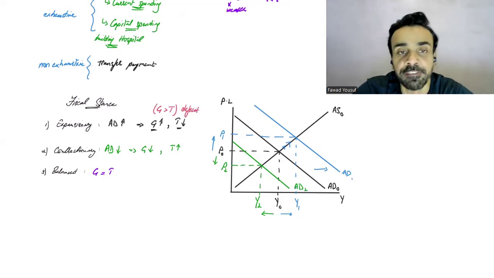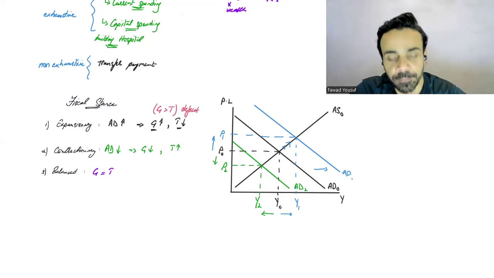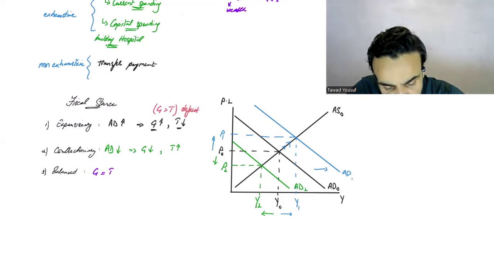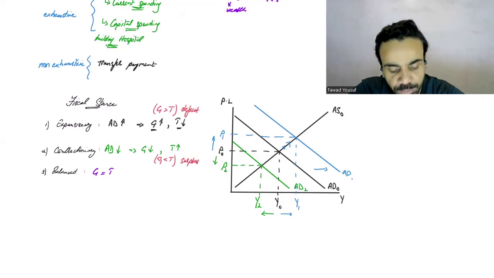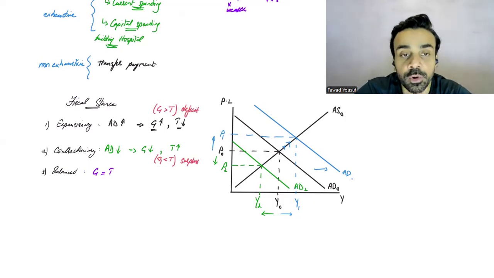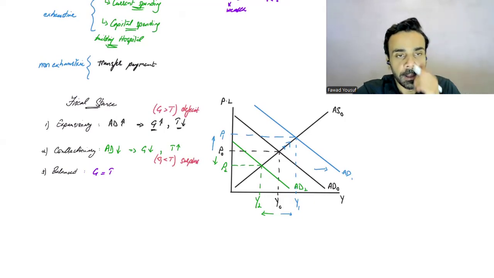A budget deficit actually increases AD, but sometimes the government may go for something called a surplus. When the government is aiming for a surplus, then AD falls, and that's how things are managed.